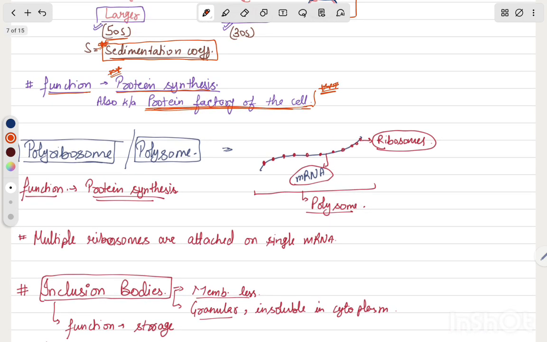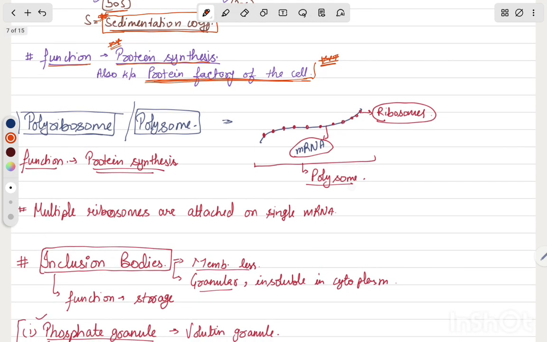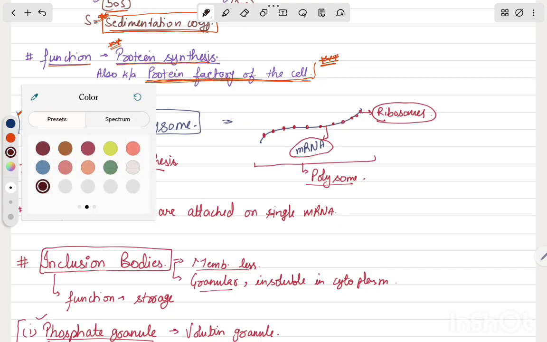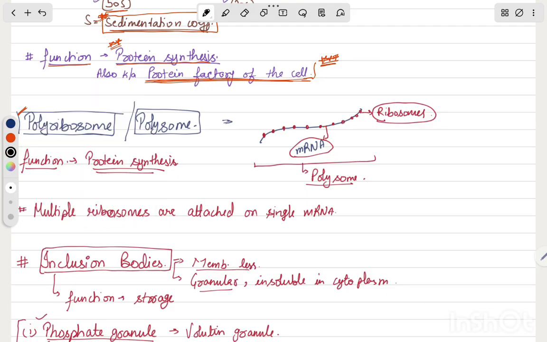Ribosome also forms a special structure in the prokaryotic cell. That special structure is the polyribosome or polysome. This is a single mRNA.